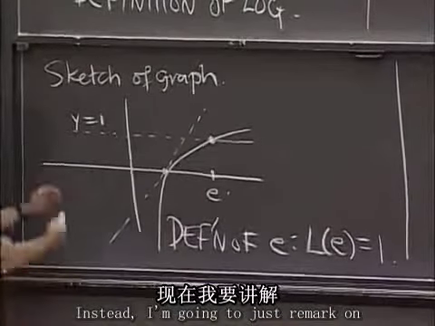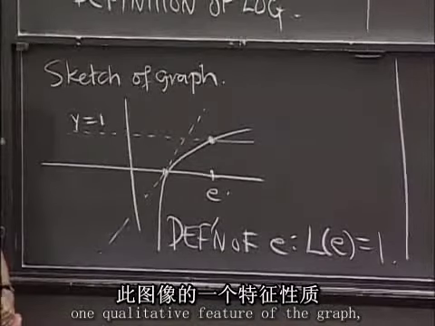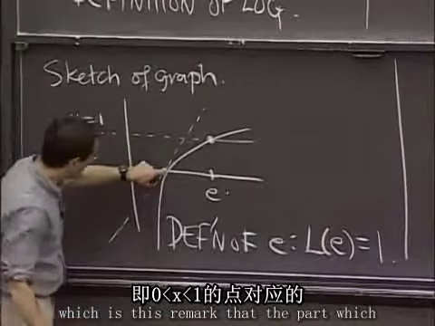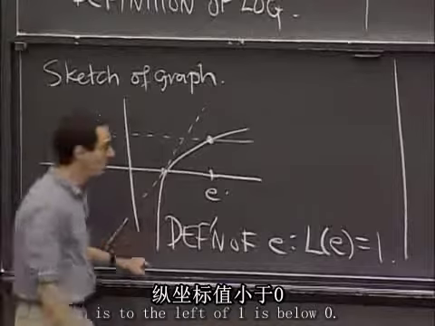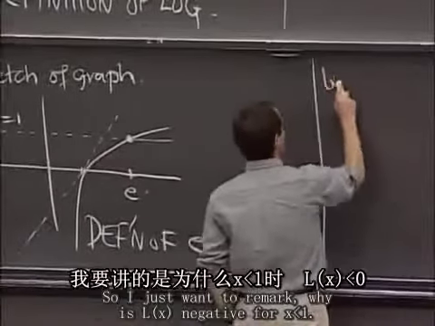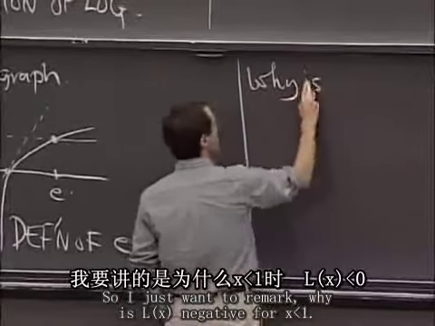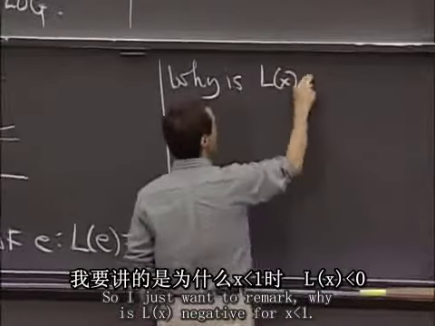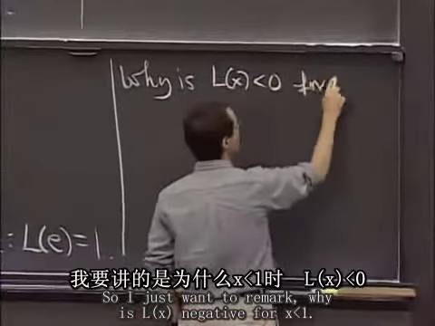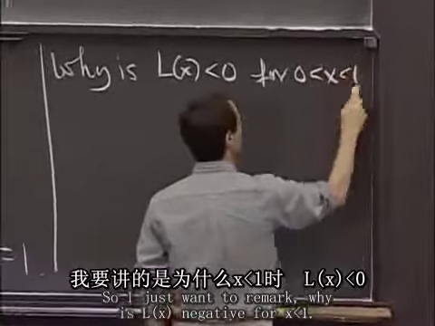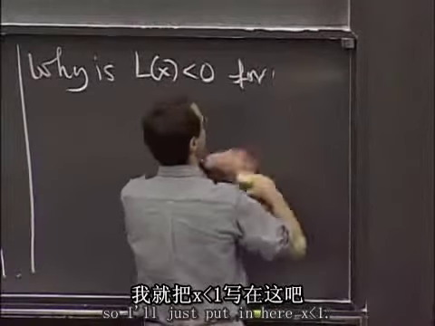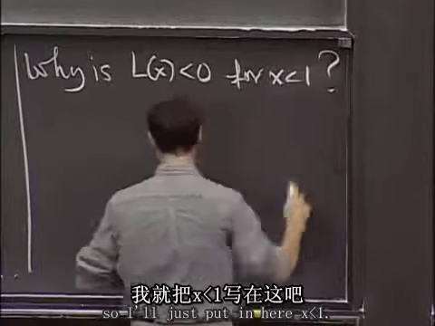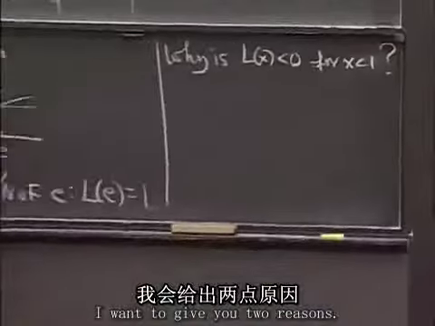Instead, I'm going to just remark on one qualitative feature of the graph, which is that the part to the left of 1 is below 0. So I just want to remark, why is L of x negative for x less than 1? And I want to give you two reasons.